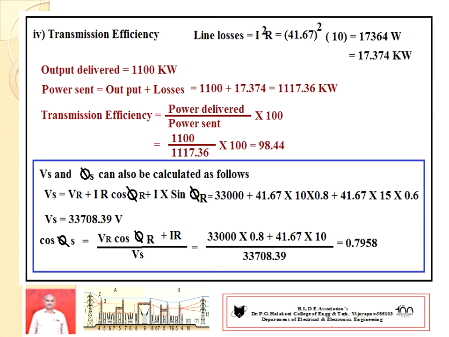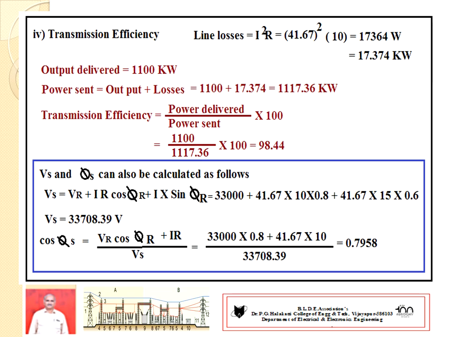Then we are knowing the output, or receiving end power, that is 1100 kilowatt. Then if I add losses to output, it becomes input, the power sent: output plus loss.